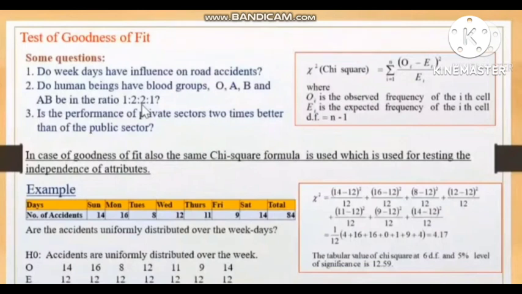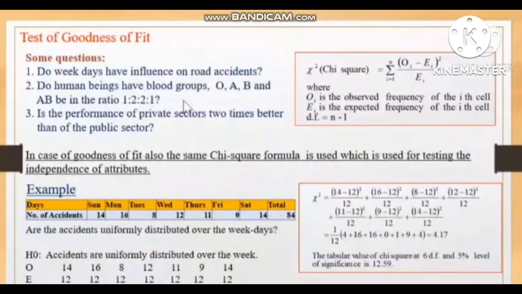If there is one person having blood group O, there are 2 persons having blood group A, 2 persons having blood group B, and 1 person having blood group AB. So this is one pattern in my mind. I will find the observed values and test whether this hypothetical pattern which I carry in my mind, which I have believed somehow, fits with the observed pattern or not. This is goodness of fit.